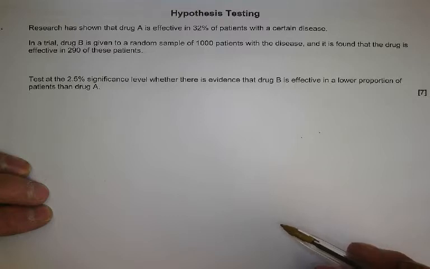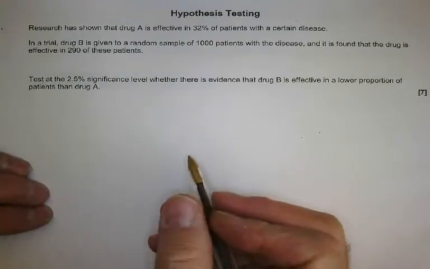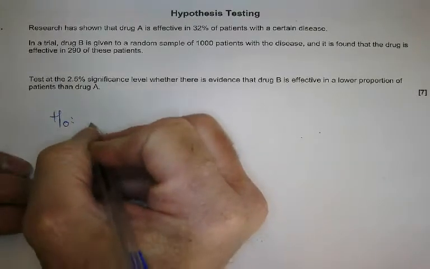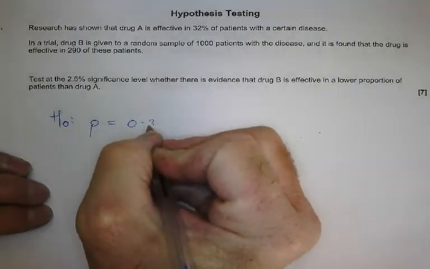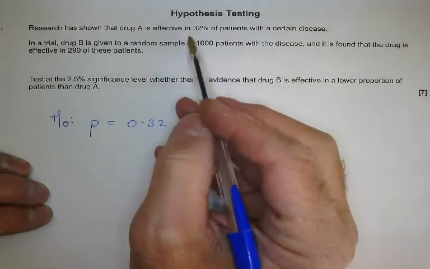Test at the 2.5% significance level whether there is evidence that drug B is effective in a lower proportion of patients than drug A. It's an interesting phrase, but we want to set this up. If we have to do a test, we need the null hypothesis, and with this one it's going to be that p equals 0.32. That's the established empirical data that we've got.